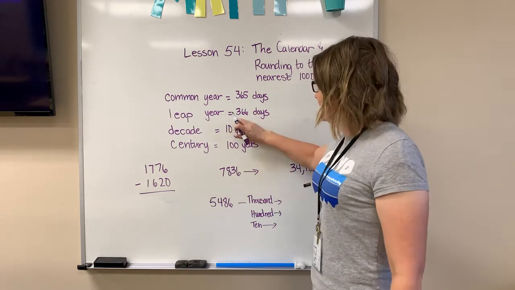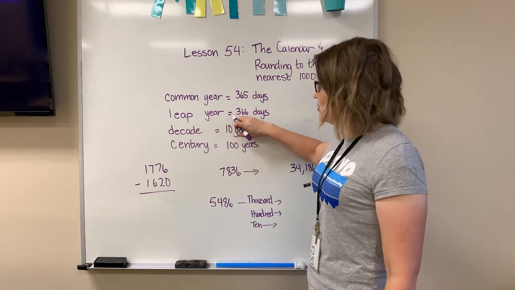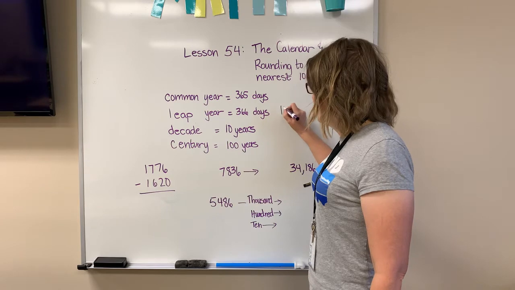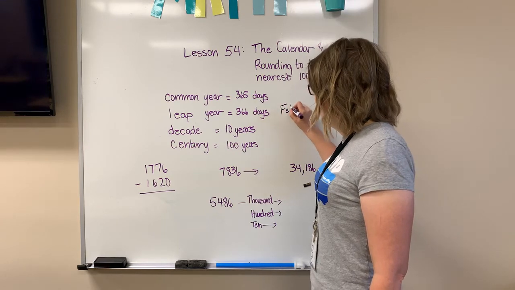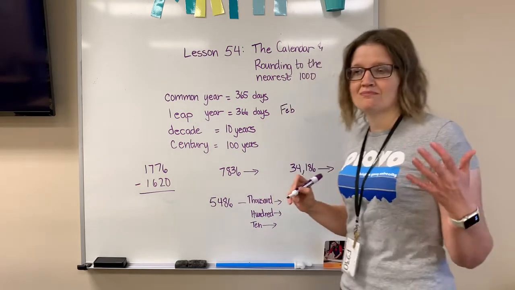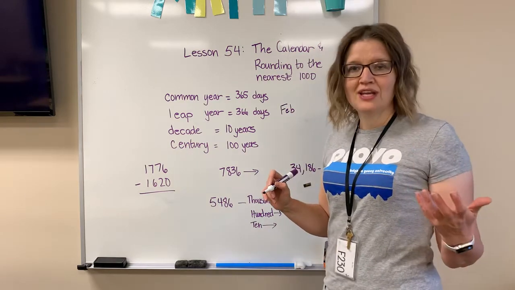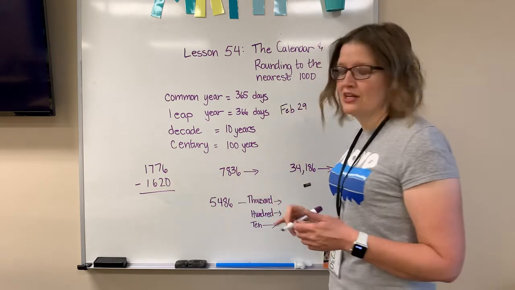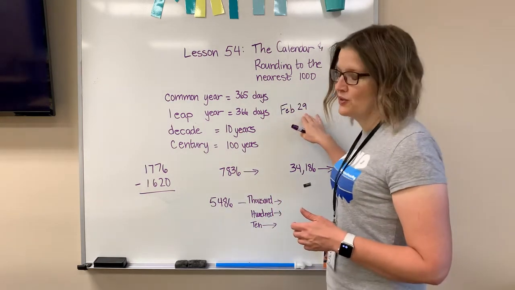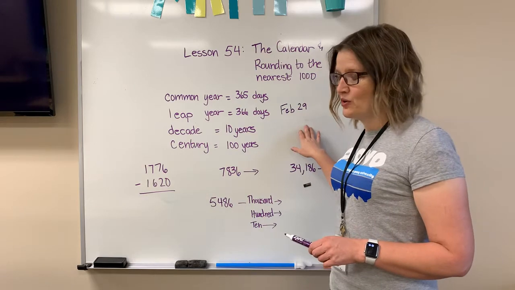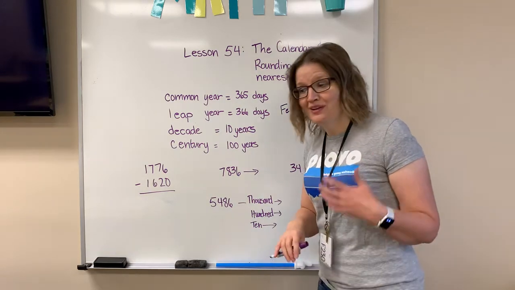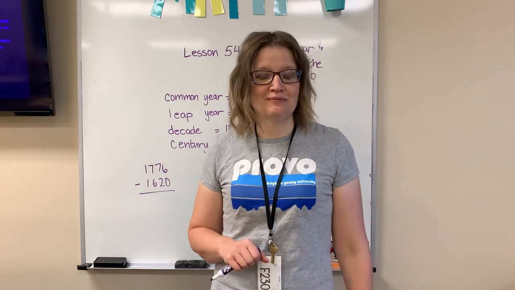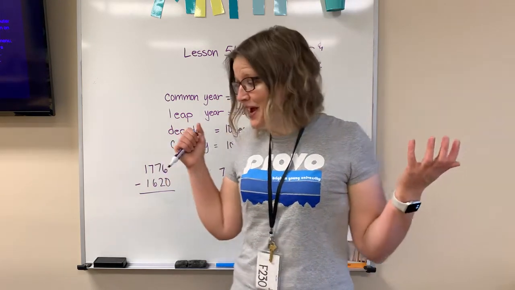That leap year becomes 366 days, and it will fall in February, where we have 28 days generally. On leap year, we tack on another day in February, so February 29th. Sad thing, kids that are born on February 29th typically only enjoy their birthday on that exact day every 4 years. Just what happens.